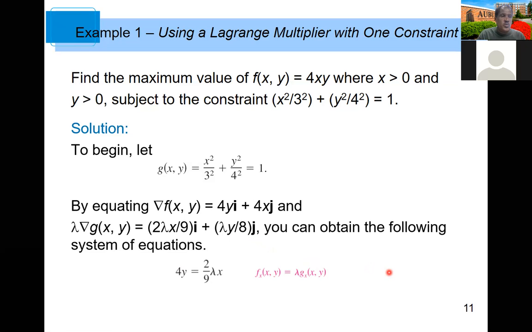So what do we have? We need the i component equal to the i component, okay? So the first component equals the first component. So 4y is equal to 2 lambda x over 9. This is equal to that. And 4x is equal to lambda y over 8. Okay.